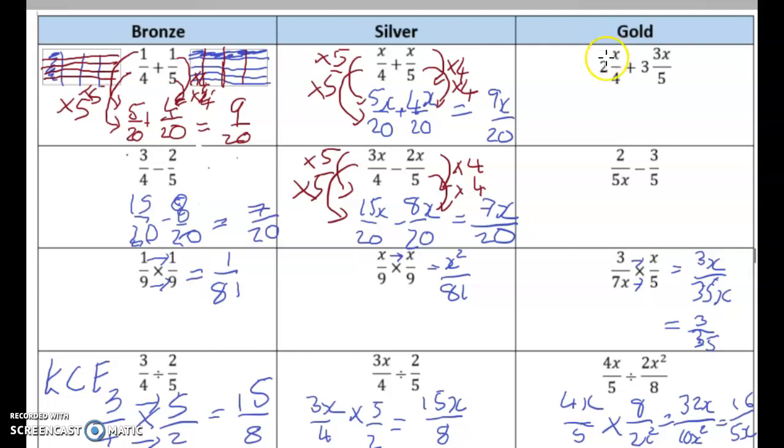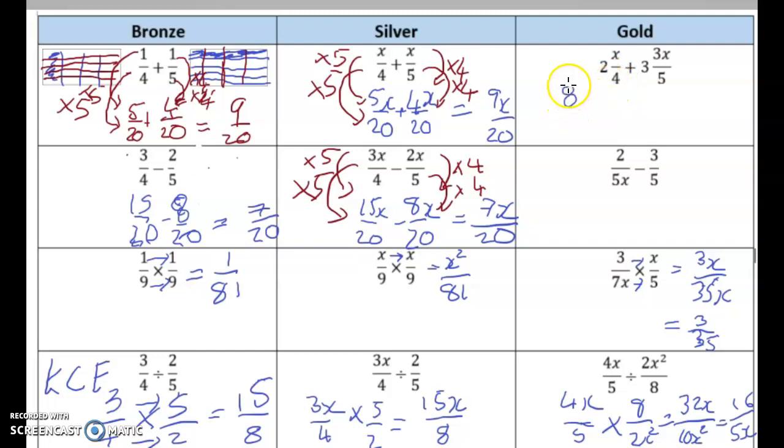I'll move now to addition. The addition ones, the issue becomes you've got to change this mixed fraction. It's exactly the same. So in 2 wholes, you've got 4 quarters in each of them, so that's 8 quarters.